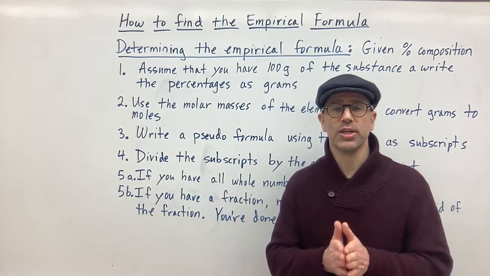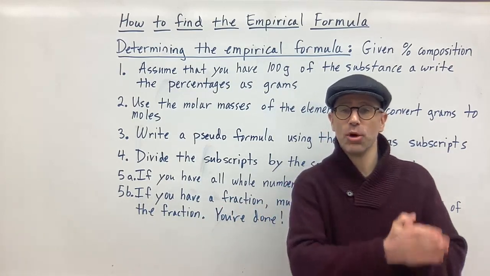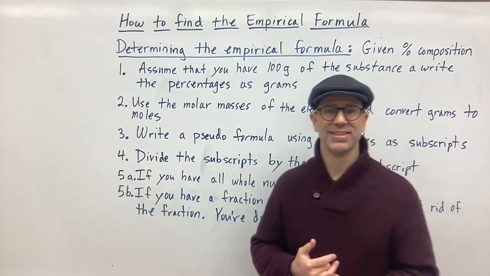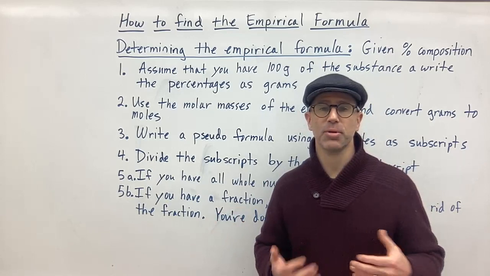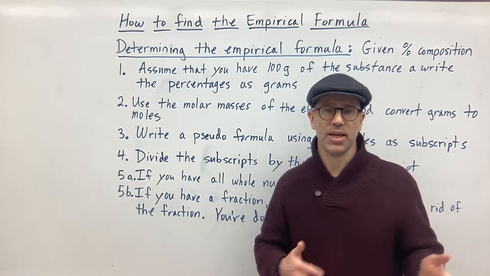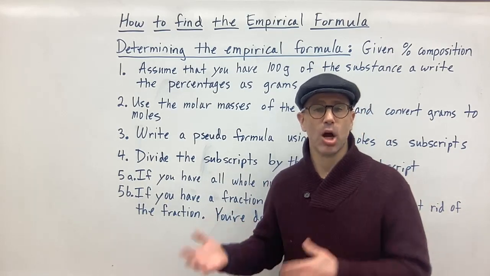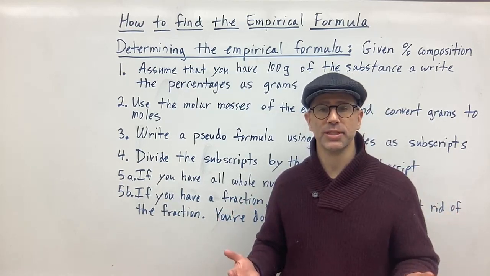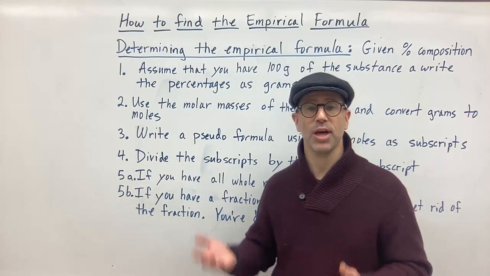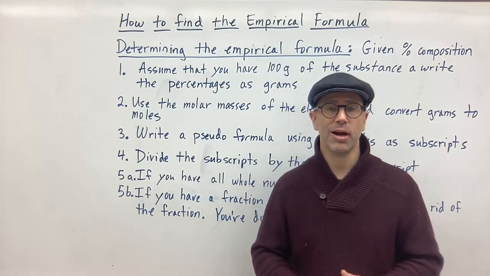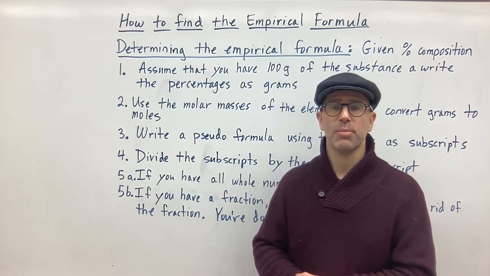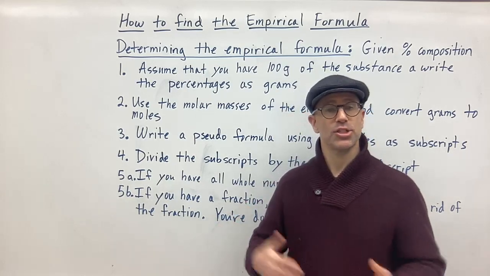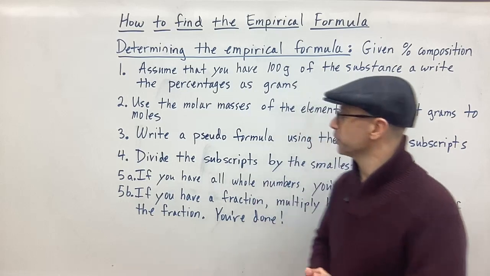So you're just going to change your percentages into grams. For example, if I'm told that 30% of my substance is carbon, then if I have 100 grams of this substance, 30 grams of it is going to be carbon. So you assume 100 grams and change the percentages to grams. That's the first step.